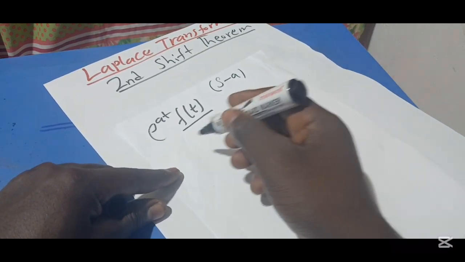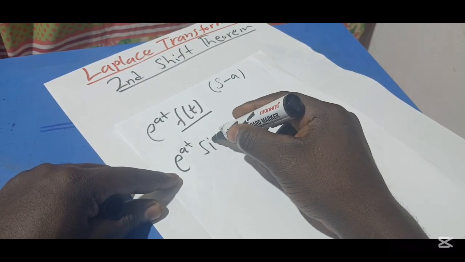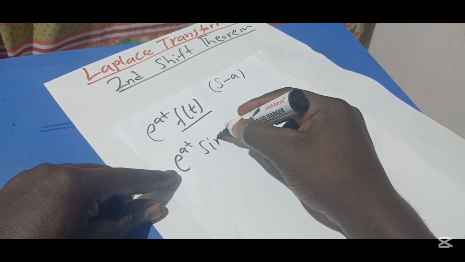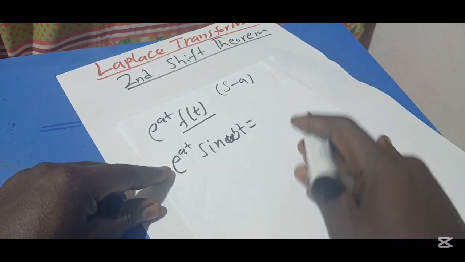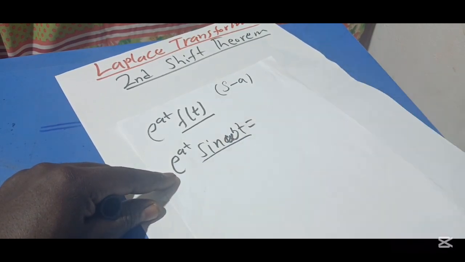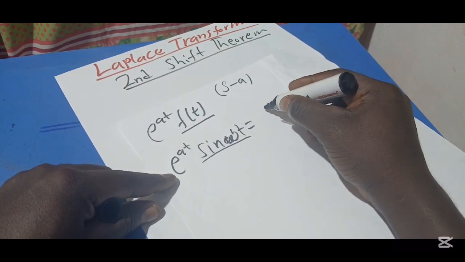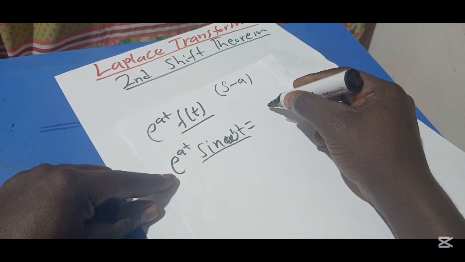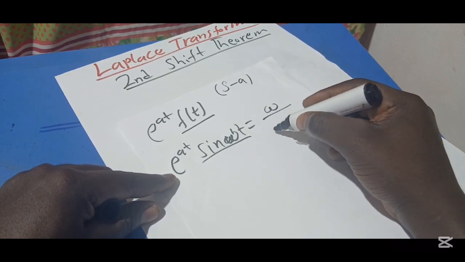For instance, e to the power at multiplying sine omega t. We just find the Laplace transform for this. We know that the Laplace transform for the sine function is omega over s squared plus omega squared.